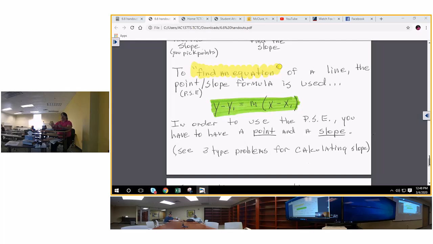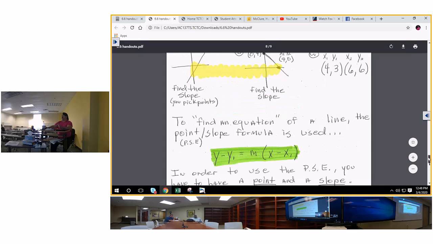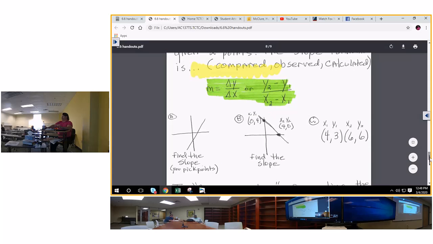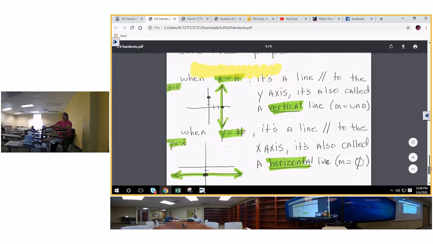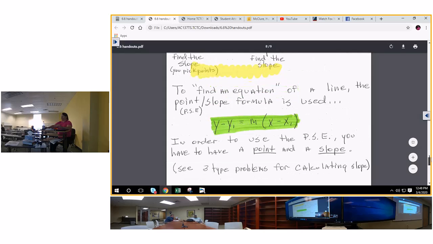So the 2 type problems they're going to give you: they're going to give you a problem like these 3 and say, find an equation. Of course, you got to find the slope first. Or they're just going to give you a problem with the point and slope. And that's the 3 types of problems for calculating the slope.